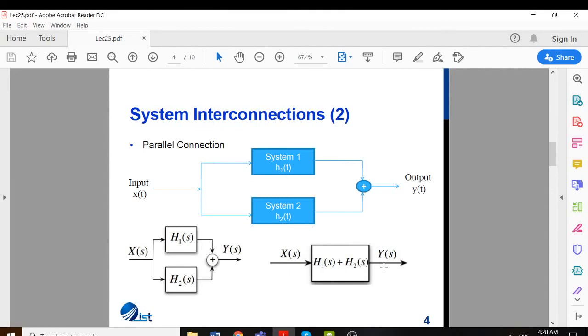Similarly, the parallel connection is a connection where all the systems connected in parallel get the same input, and the output for a system represented as a parallel sum of several systems is the sum of the outputs of all the individual systems. So such a system can be presented in the transform domain as one combined system with all the transfer functions being added.